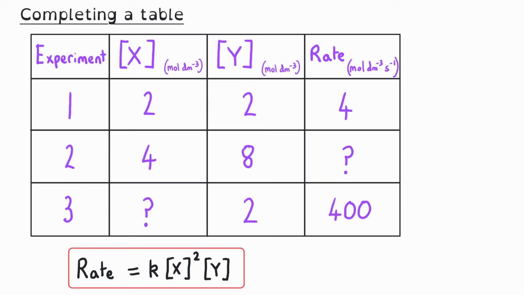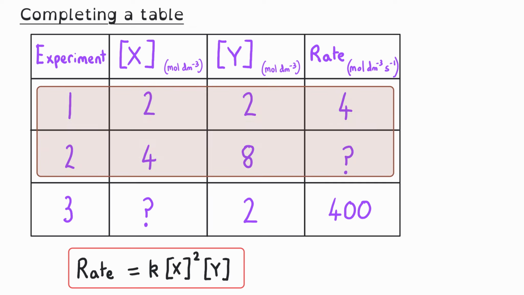And so if we compare experiments 1 and 2, you can see that the concentration of X is being doubled and the concentration of Y is being multiplied by 4. Now, since X is shown in the rate equation as being second order, doubling its concentration will quadruple the rate, because 2 squared is 4.